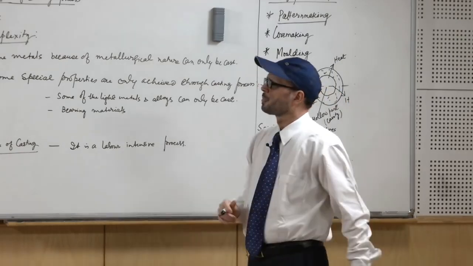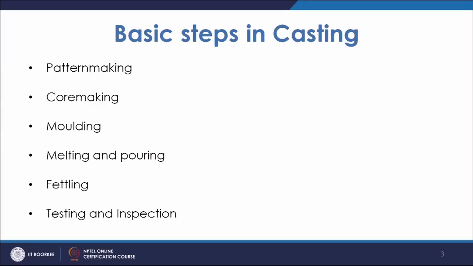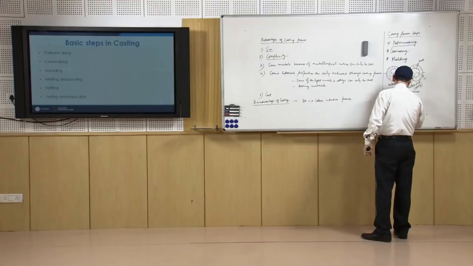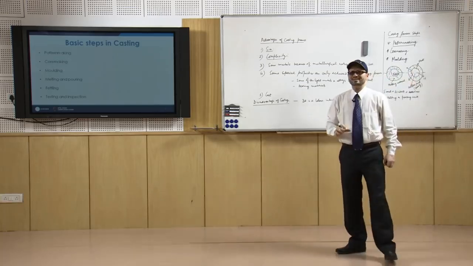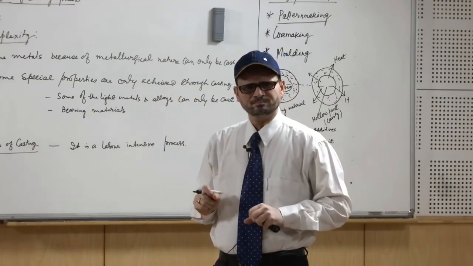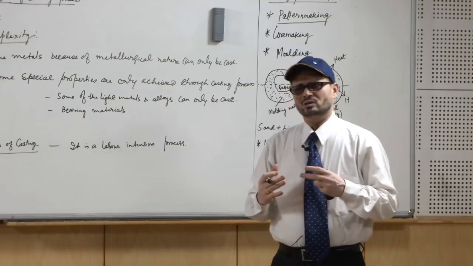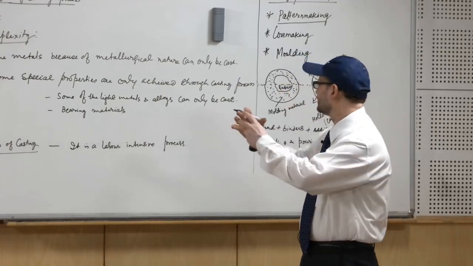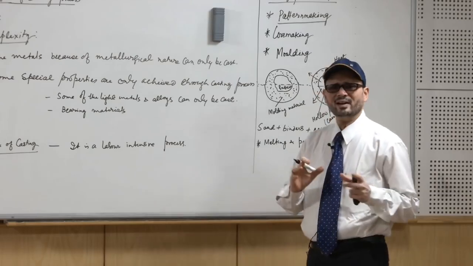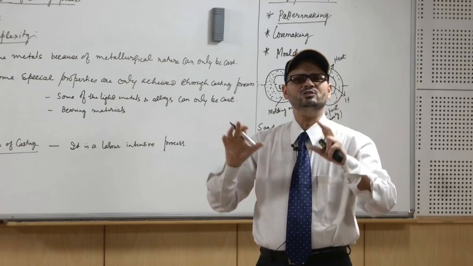After molding, we have a melting and pouring unit. In the melting and pouring unit, you have different type of furnaces, and you have also the ways by which these metals from the furnace will be transported to the place where the molding has to take place.